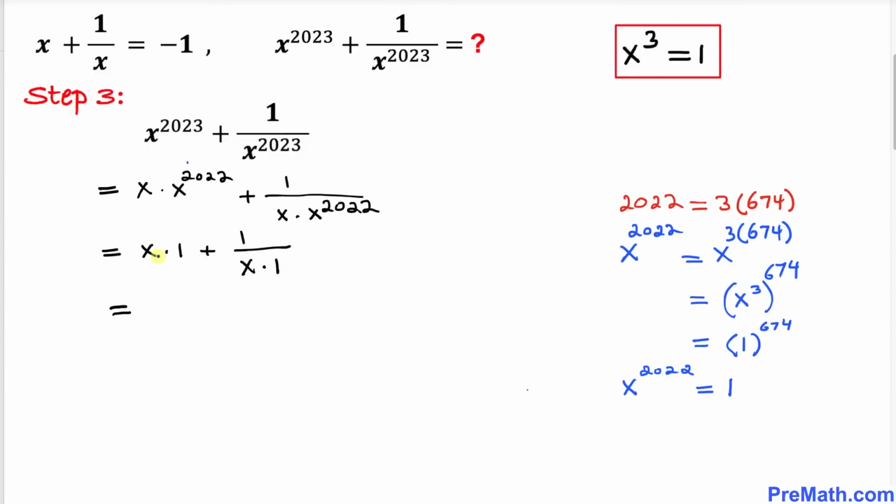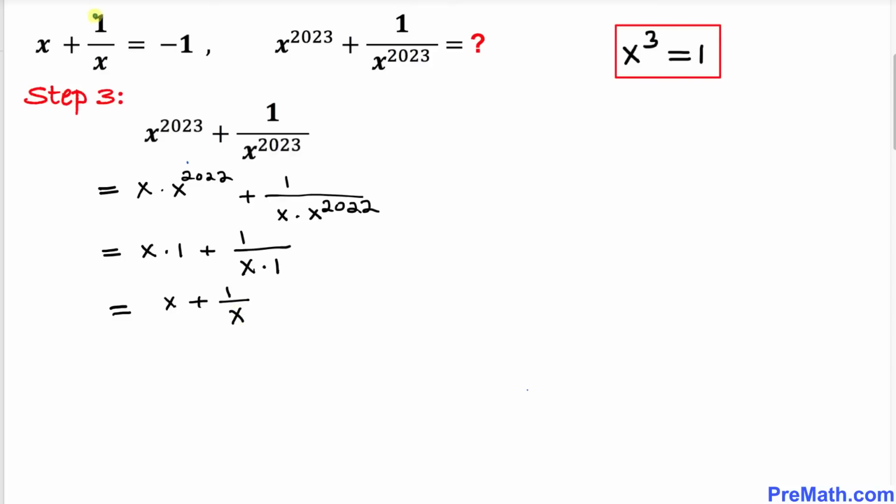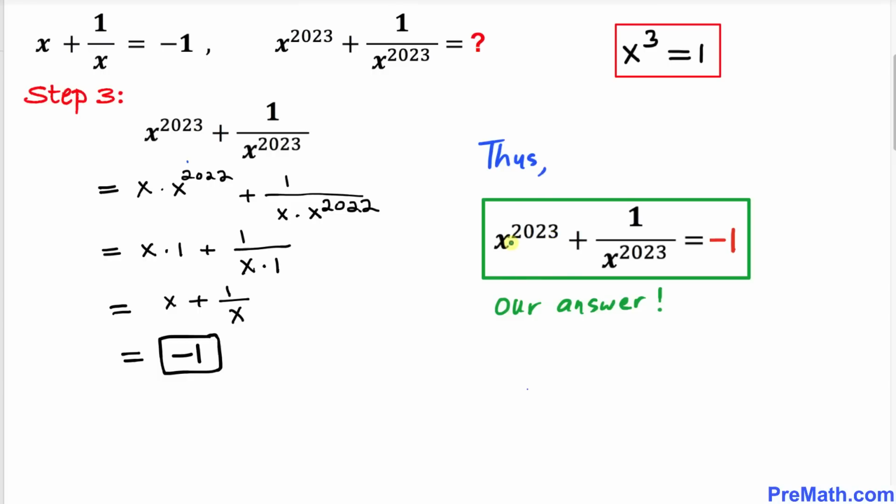Let's go ahead and simplify. x times 1 is the same as x, plus 1 over x as well. We also know that from our original equation, x plus 1 over x equals -1. So therefore, this x plus 1 over x turns out to be equal to -1. So thus our value x to the power 2023 plus 1 over x to the power 2023 turns out to be equal to -1.